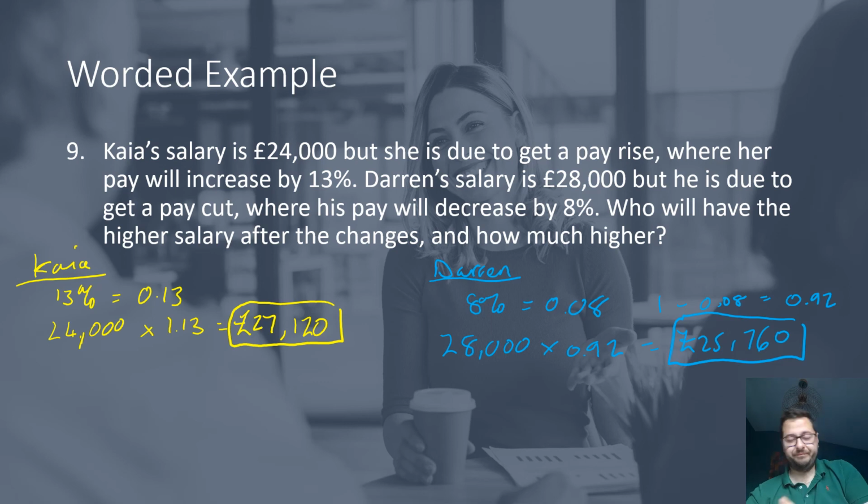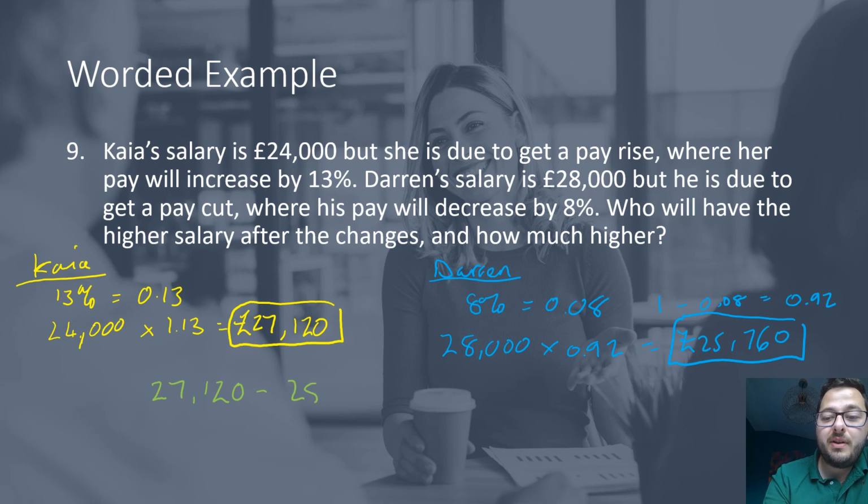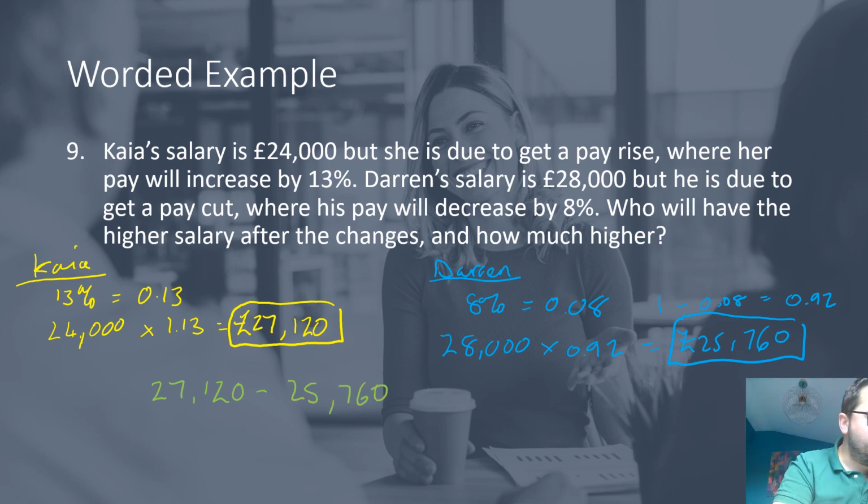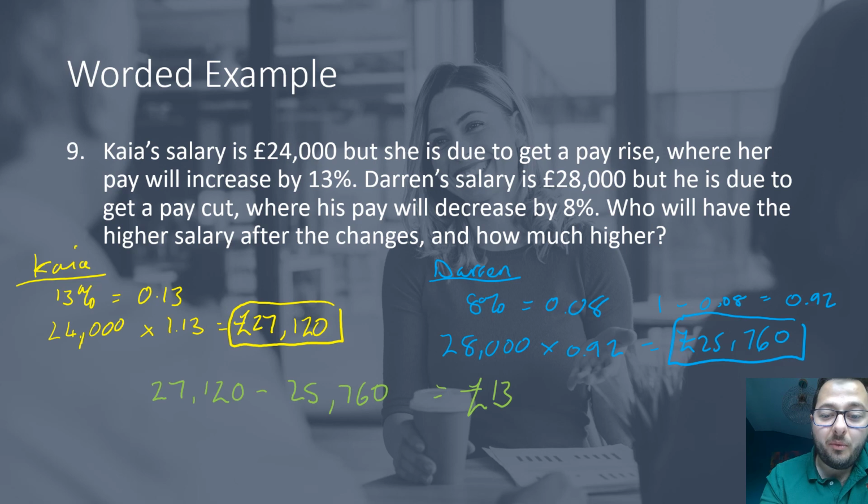It'll be Kaya. And it says how much higher. So we just want to finish off with a little subtraction. 27,120 minus 25,760. Again, use your calculator. And that is 1,360.